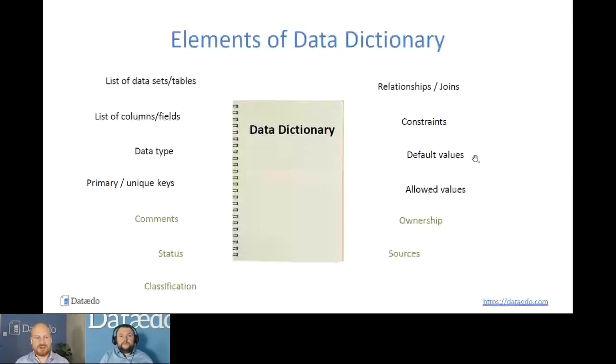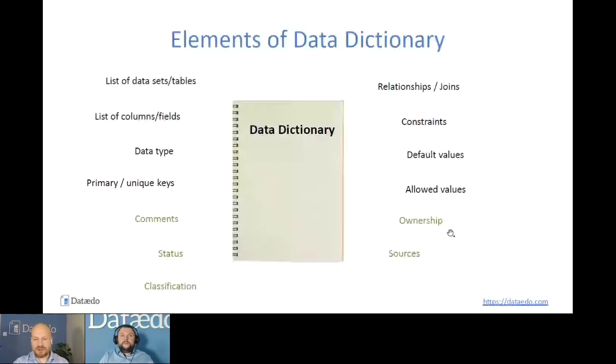They are maintained and managed by a system, but you could also add additional, more logical attributes, such as comments. You could indicate the status of the data element. You could add classification, so sensitivity information, like for instance, whether it's sensitive data or non-sensitive.